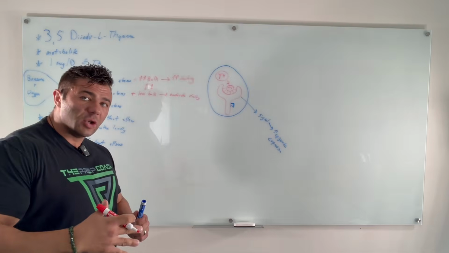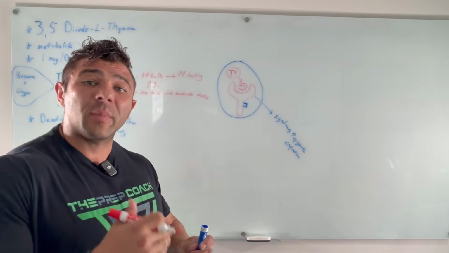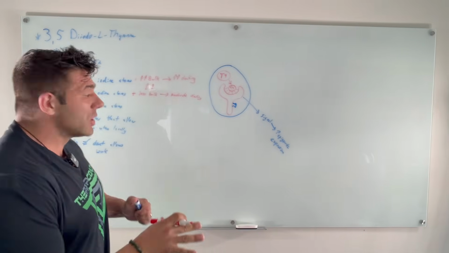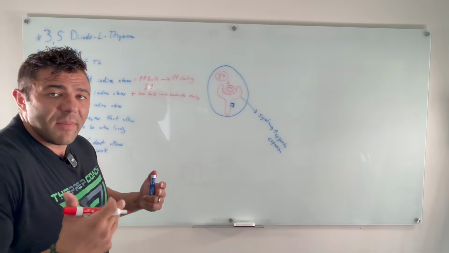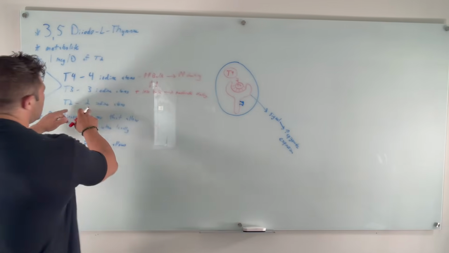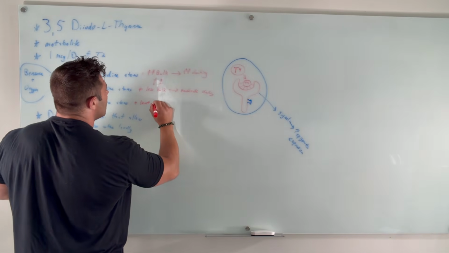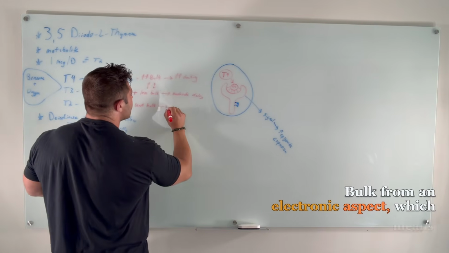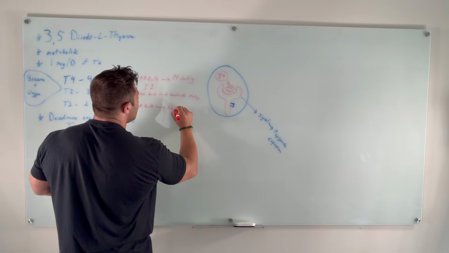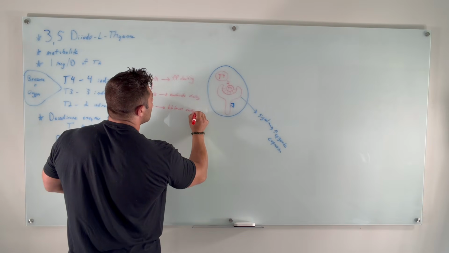So then T2, electronically, when I say electronically, by the way, I don't mean like video games, we're talking about the number of electrons, right? So this is more looking at things from a quantum engineering aspect, and that's what, to me, makes sense. But either way, two iodine atoms means we're going to have the least amount of bulk from an electronic aspect, which means it has the lowest amount of docking.